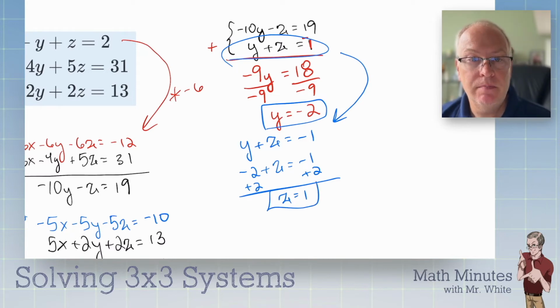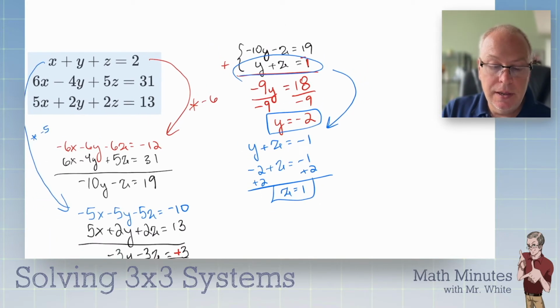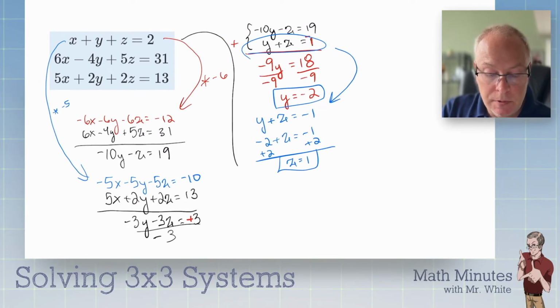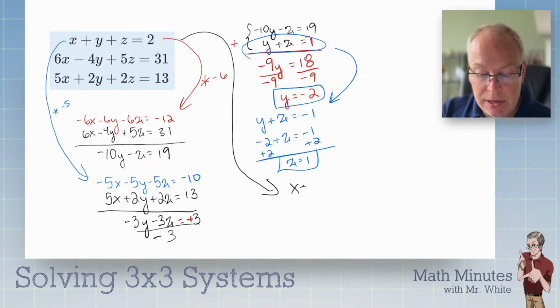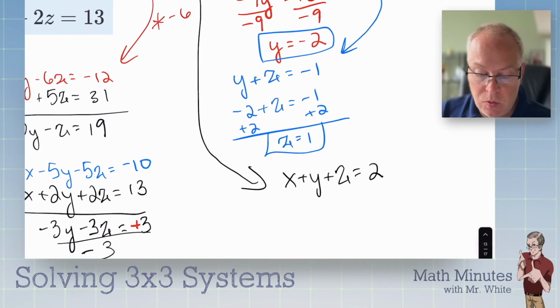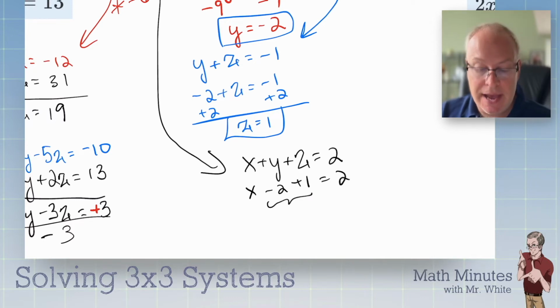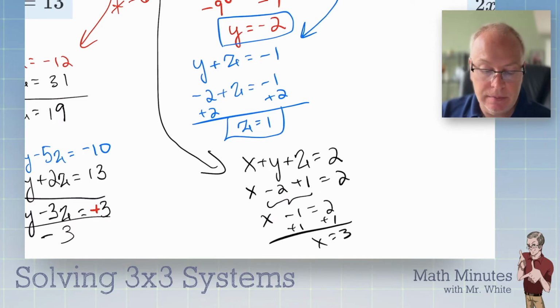So I've got 2 of them. How do I get the last one? I go all the way back to the beginning. I'm going to grab this right here. X plus y plus z is 2. And z is 1, y is negative 2. We don't know x yet. We're going to figure it out. These guys add up to be negative 1. Then you add 1 on both sides. You see x is 3.